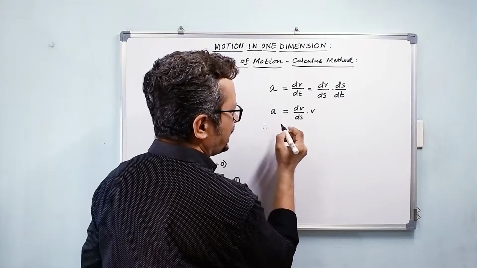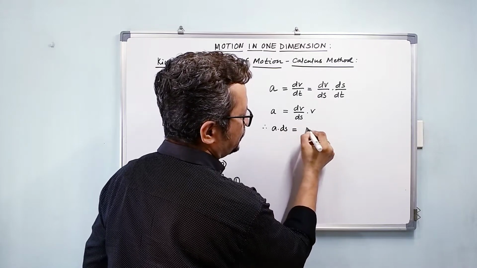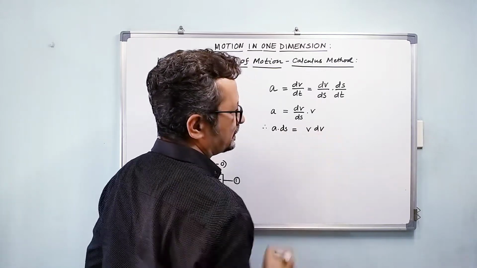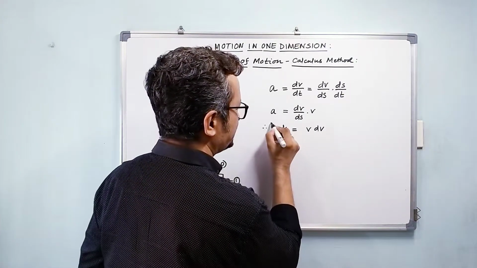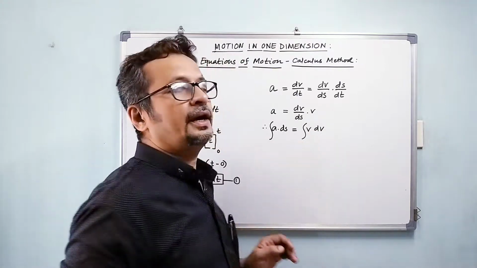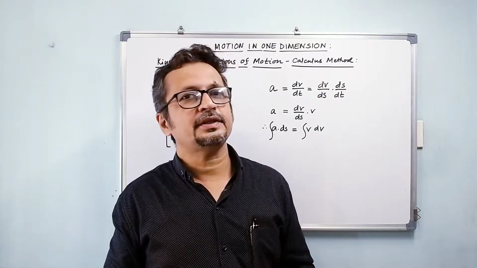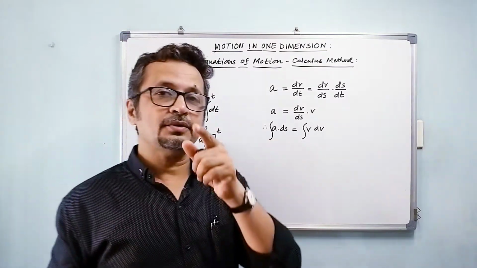Therefore I can write a into ds is equal to v dv, and now I integrate. The integral of this is equal to the integral of this. Here I am integrating velocity with respect to velocity and acceleration with respect to displacement.